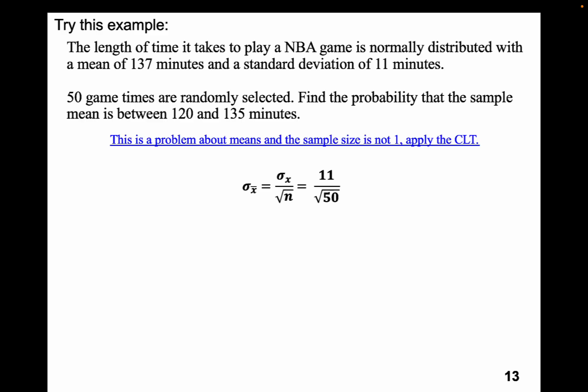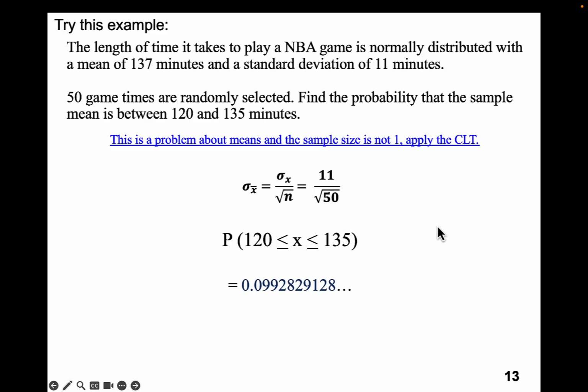Then you would have adjusted that standard deviation from 11 minutes to 11 minutes divided by the square root of 50. And make sure on StatCrunch you select that between option, so it will give you the probability of, and it'll give you 2 cells, fill them in with 120 and 135. Run that program correctly and we'll get 0.0992.